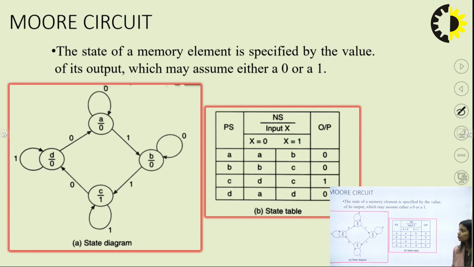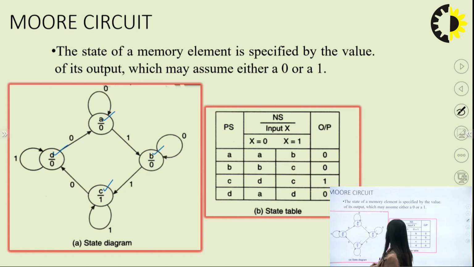Now, coming to the Mealy circuit. So, in the Mealy circuit, there is a slight difference, and the slight difference is that the state of memory element is specified by the value of its output. Okay. So, here as we can see, the A state, B state, C state and D state.